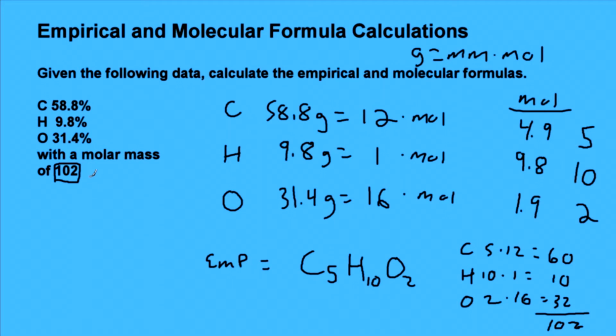That matches this 102 over here. So in this case, the molecular formula and the empirical formula are the same formula. If this 102 is a different number, then we'd have to take it one more step, and we'll take a look at that in the next example.